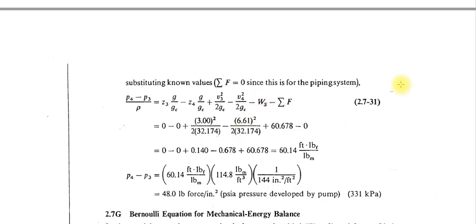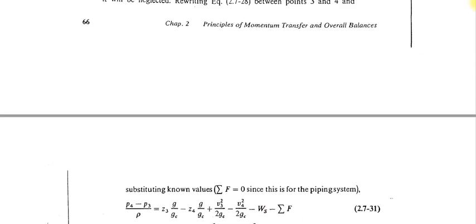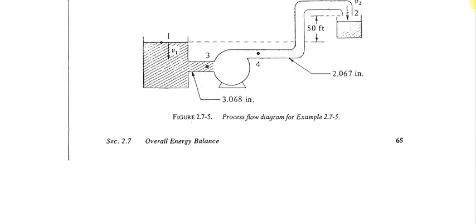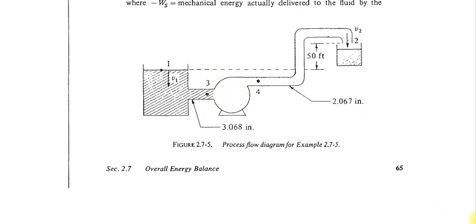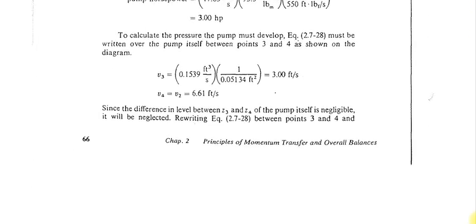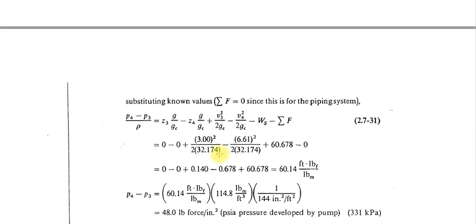Then in between point 3 and 4 you have the pump also. This is point 3, this is point 4. So just substitute the power produced by the pump, which we have calculated right now. Mechanical energy of the pump, that is 60.678, this is per unit mass, minus delta sigma f.